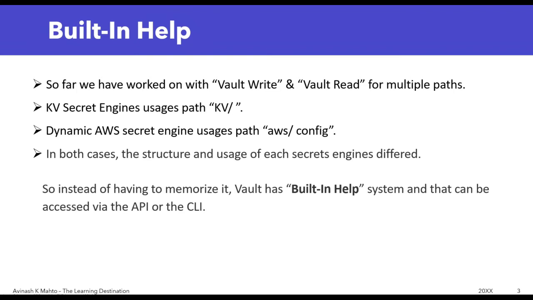So instead of having to memorize which engine is using which path, Vault has an inbuilt feature called built-in help, and you can access it via the API or command line tools. That is what we are going to see in this session: the command to help access the path of any secret engine.